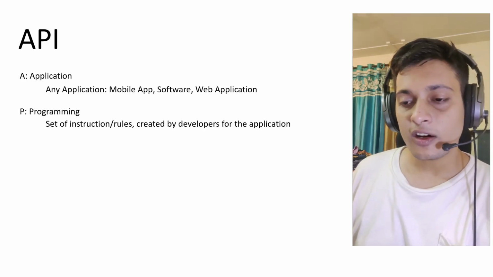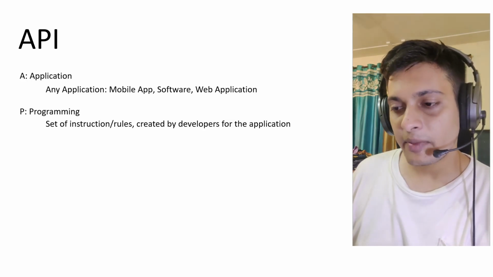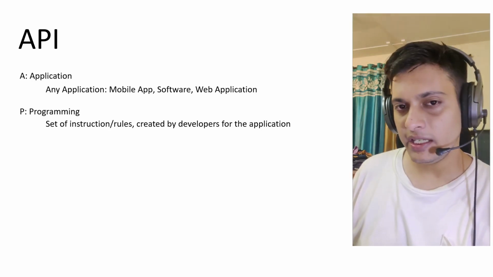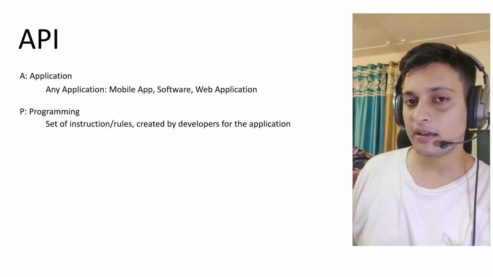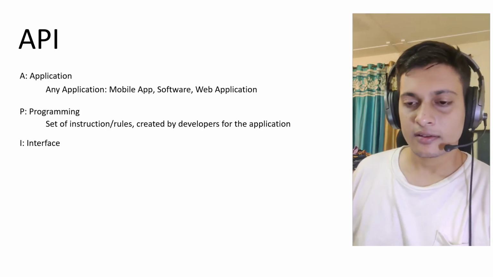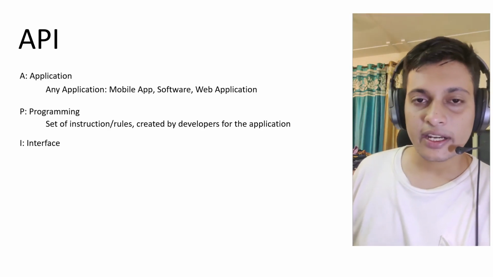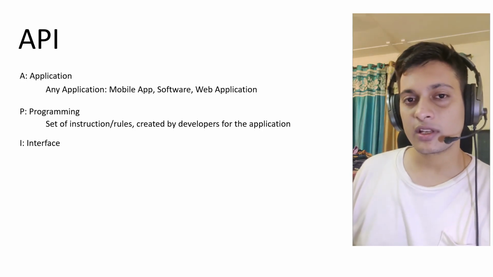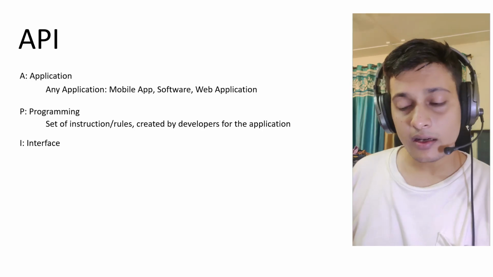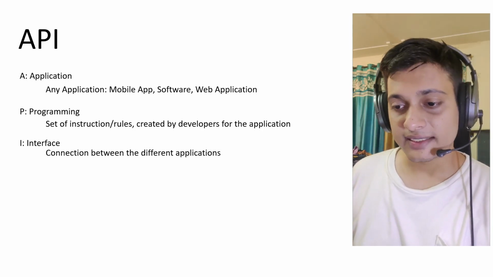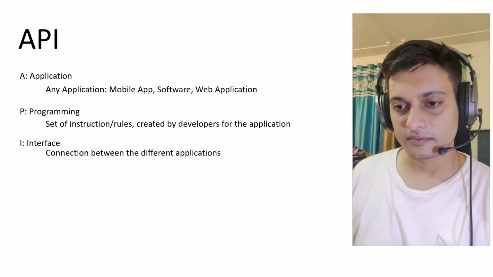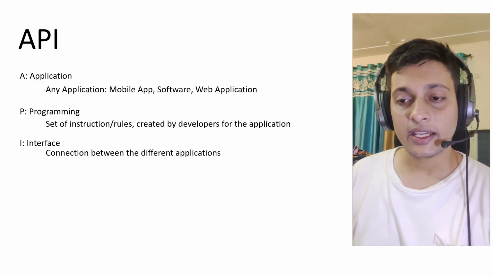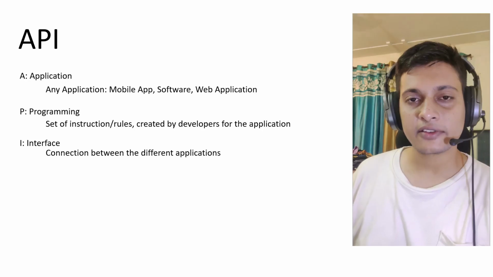It is a set of instructions or rules created by the developer for the application. Just leave this P here and we will discuss it in our next lecture. And I stands for interface. Interface is the medium responsible for taking or giving data. It is a connection between different applications. So this is the technical definition of API: application programming interface.